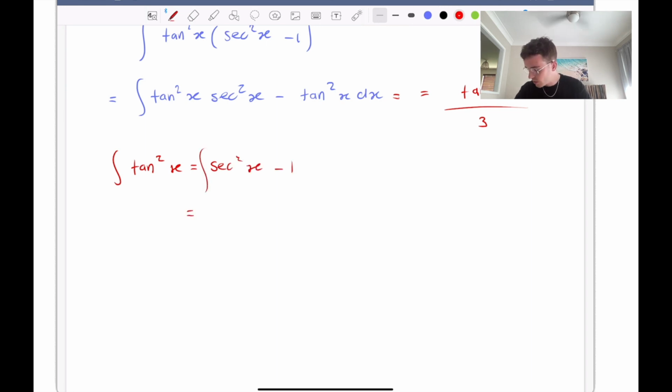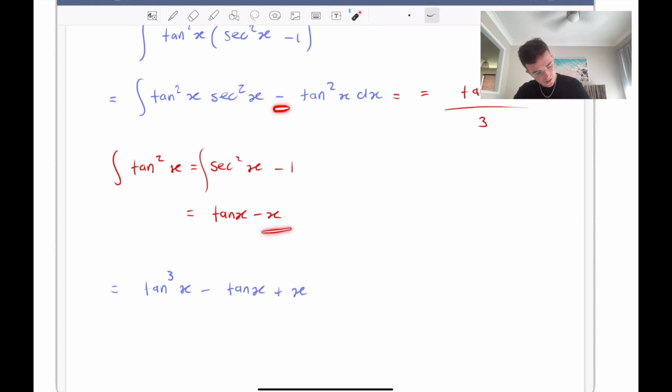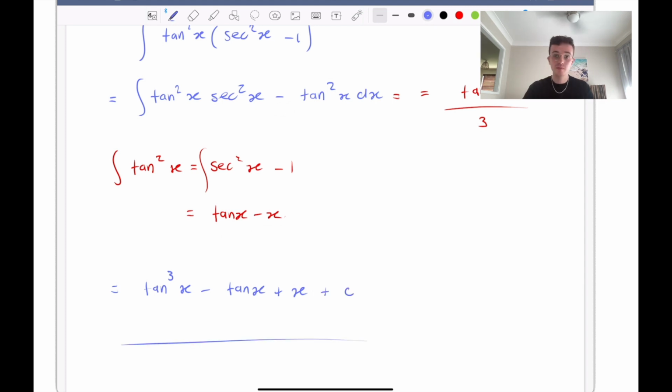And the integral of sec squared x is tan x, and minus x. So we've got that this integral is equal to tan cubed of x on 3 minus tan of x plus x, so we're carrying through that minus into here, and then we're plussing c, and we're done.